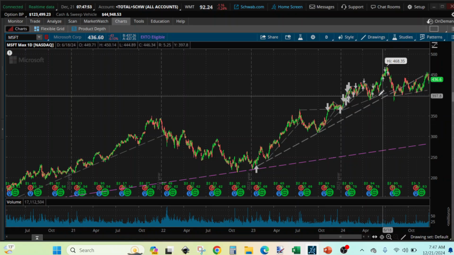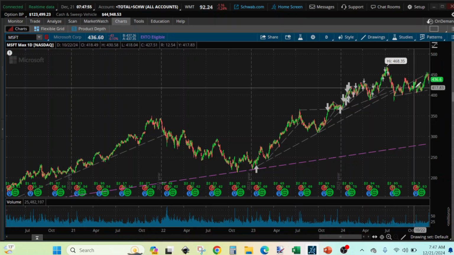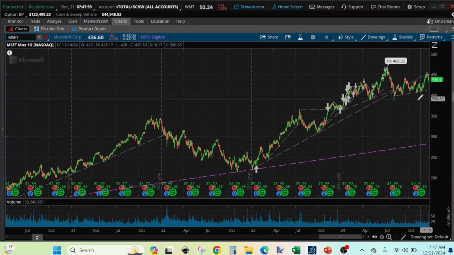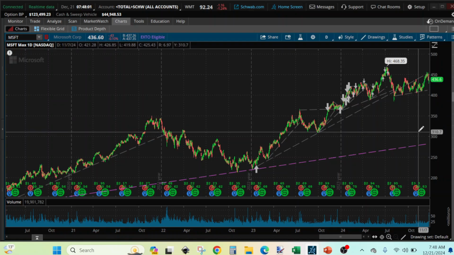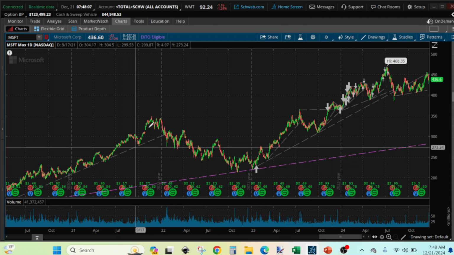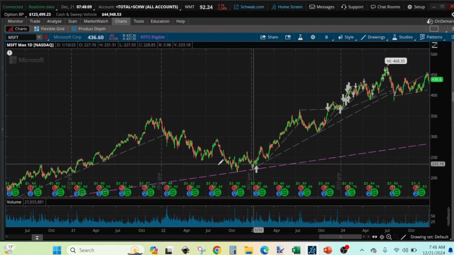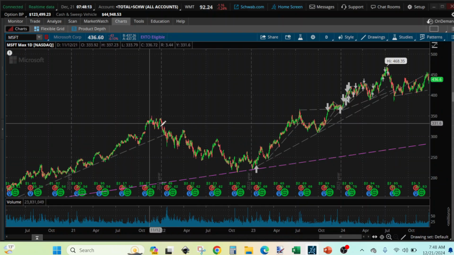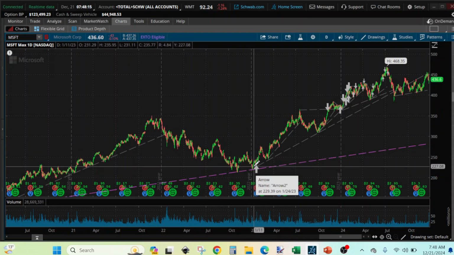It's like a plateau here. So yeah, it does do that. Do you see it? Do you see this big one here before it pulled back? I don't even know how long it took. It took like a year of pulling back to come back to it.